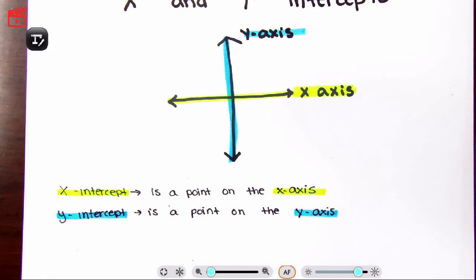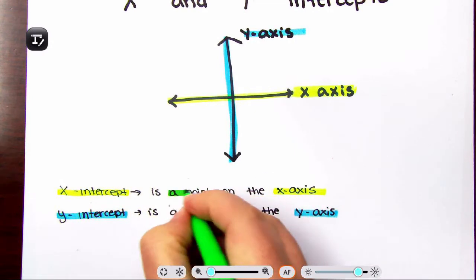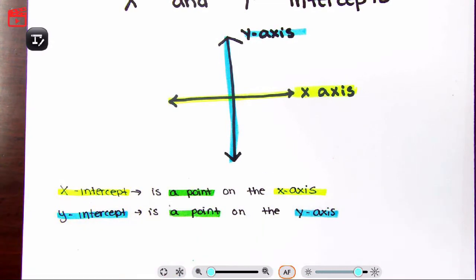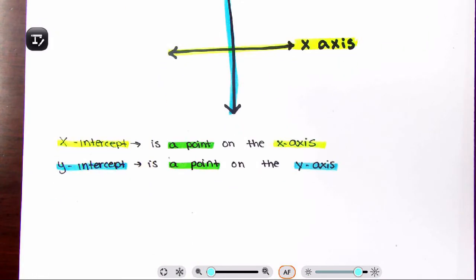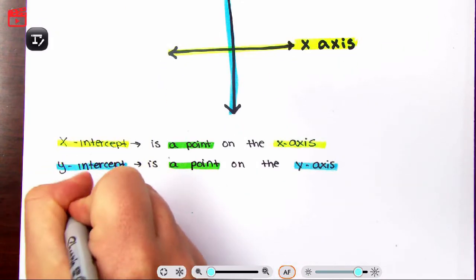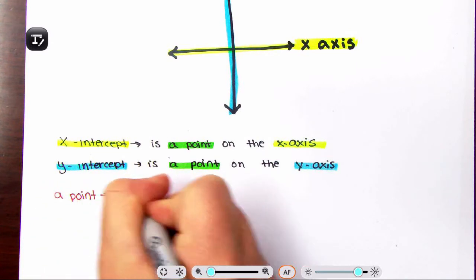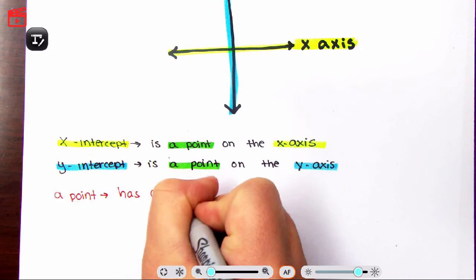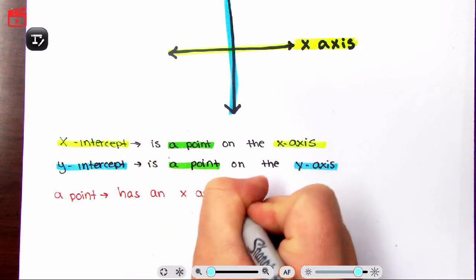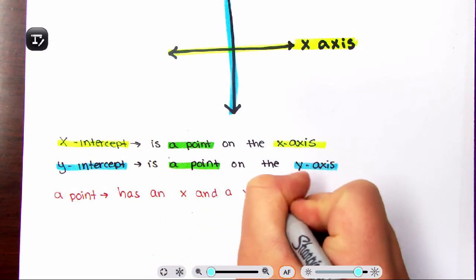Now, what is an intercept? It's super important that you know, and I want you to repeat it over and over. An X-intercept and a Y-intercept is a point. Now, when we write a point, it has an X and a Y value.